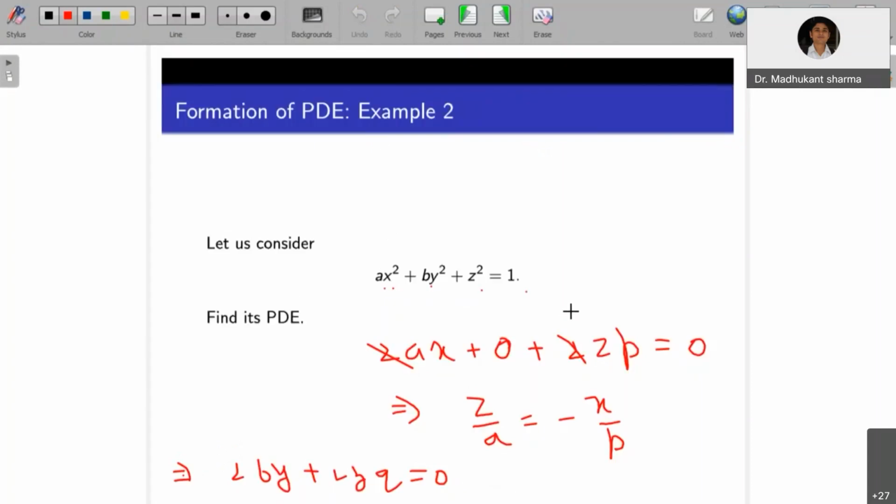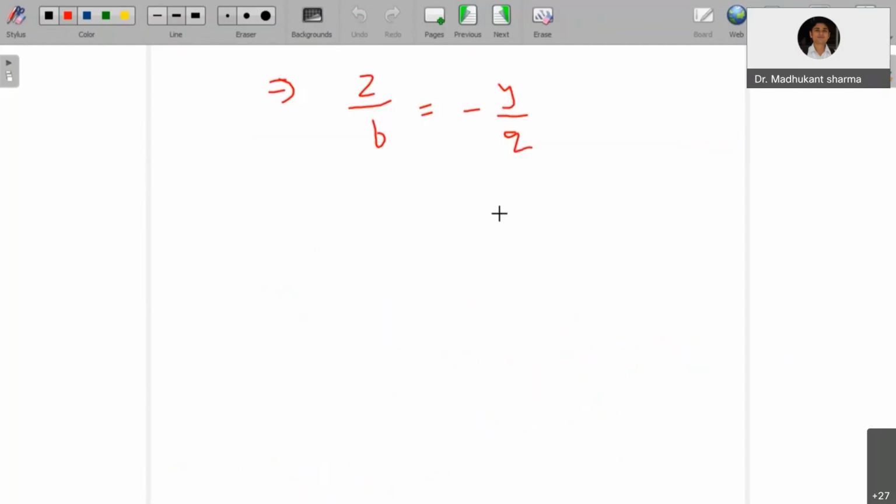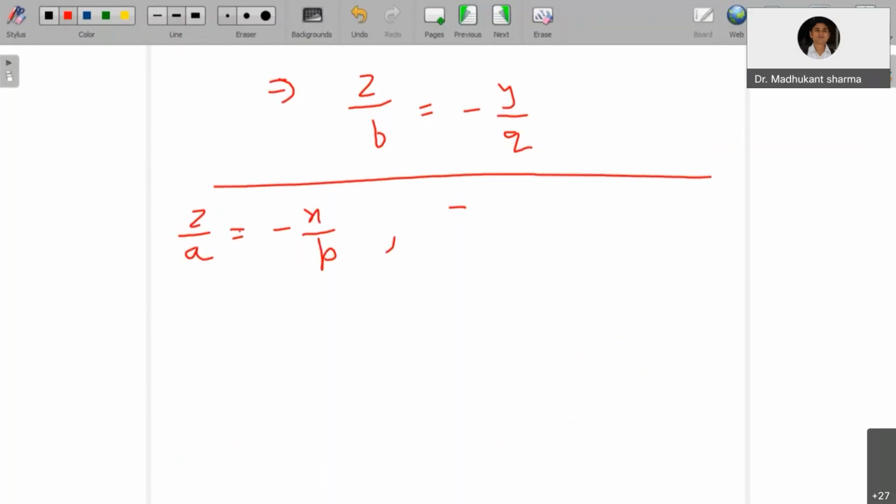Now you have the equations: z by a is equal to minus x by p, and z by b is equal to minus y by q, and you have a x square plus b y square plus z square equals 1. Now you have to eliminate these two arbitrary constants from here.